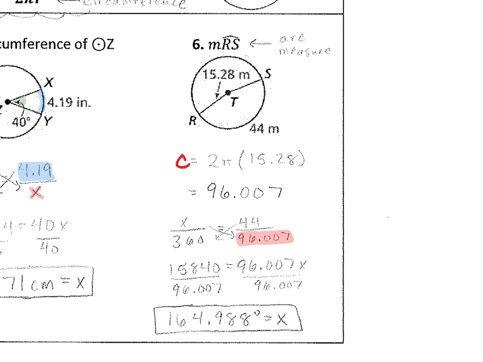I see that this arc length is 44 meters. I am looking for the measure of this arc. Once you have the X in place, you can cross multiply and divide to get your answer. Again, the algebra we're pretty good at, so we're not going to spend thinking time on the notes. You have them there as a reference for when you do your problems later with your group.